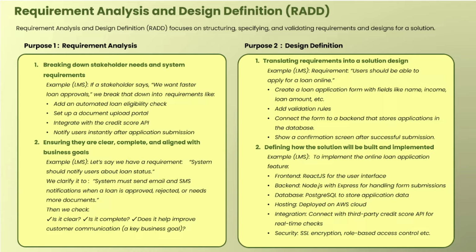For hosting, deploy it on the AWS cloud, and we should have some integration for credit bureau, meaning credit check. For security, use SSL encryption, role based access control, and data validation. So these things are under the definition of how the solution will be built and implemented.